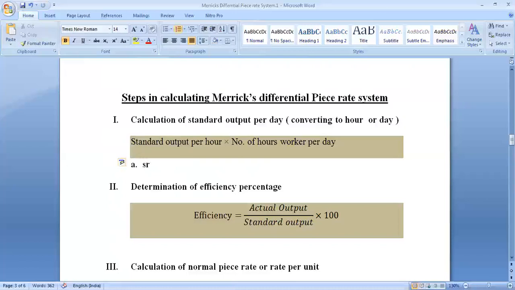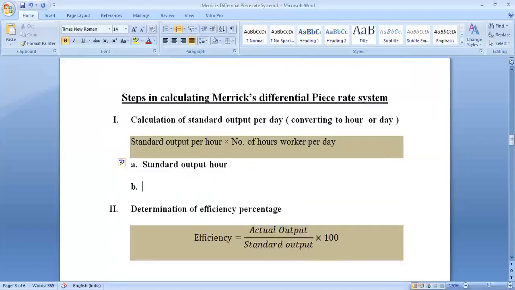In the calculation of standard output, we first convert to standard output per hour. We will calculate this and keep it, because this data will help us in finding the normal piece rate. Then we find standard output per day.